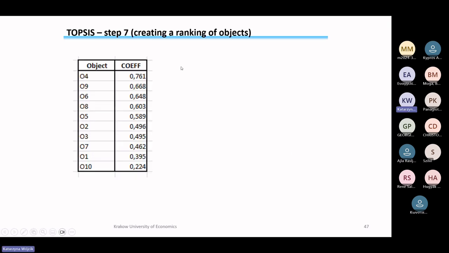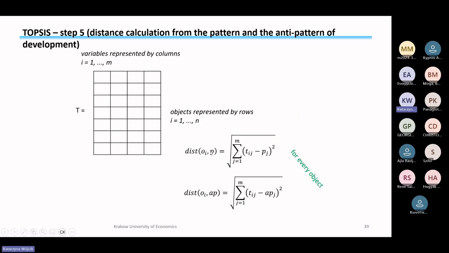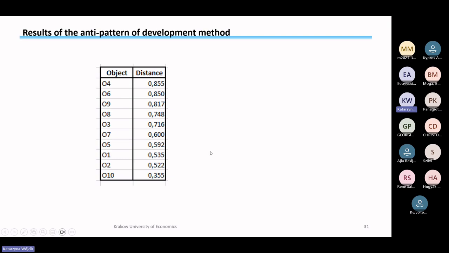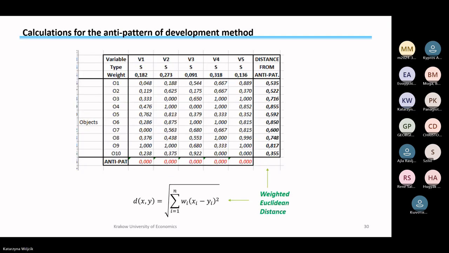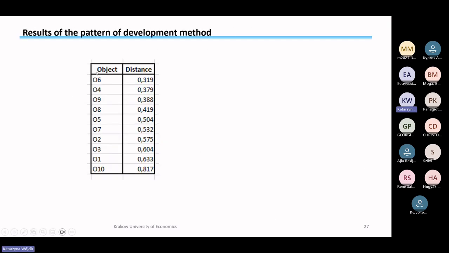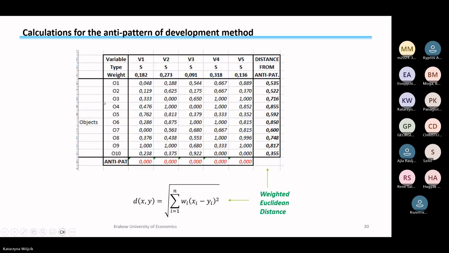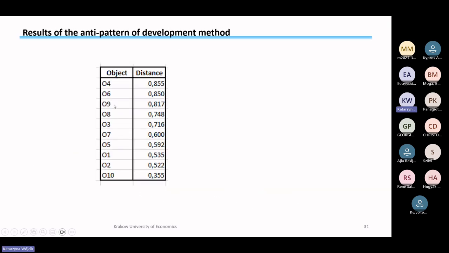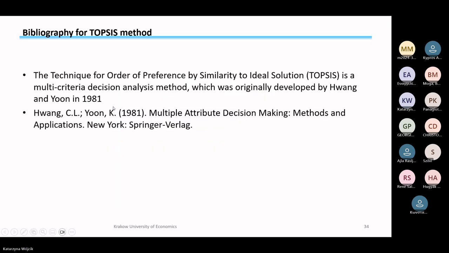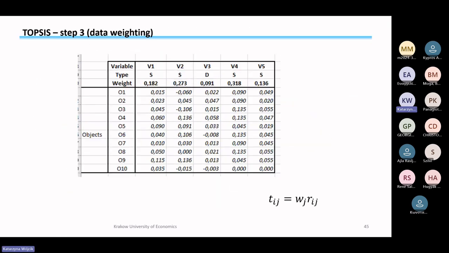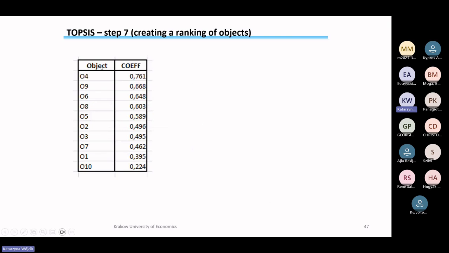And now we can sort them using this coefficient. And we can see that once again, the fourth object is the best one. As it was, I think, with the two previous methods. Yes. There it was 649. Here we've got 469. And in the Topsys method, we've got 496.